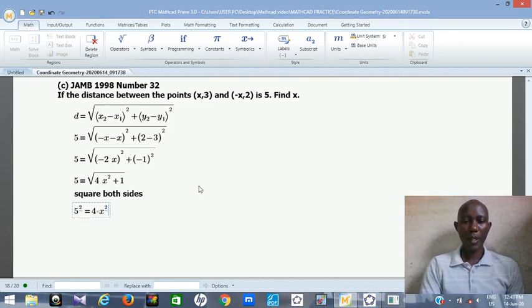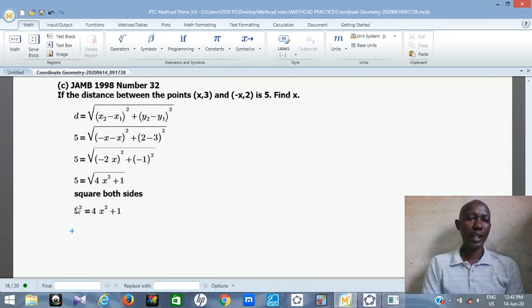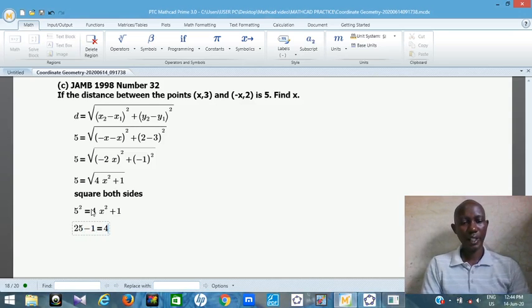Then we bring 1 to this side. We have 5 squared is 25, minus 1, equals 4x squared.